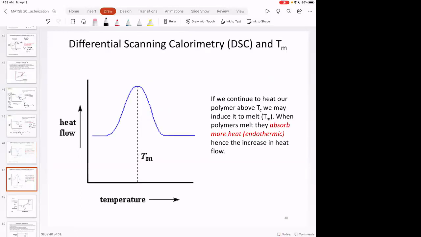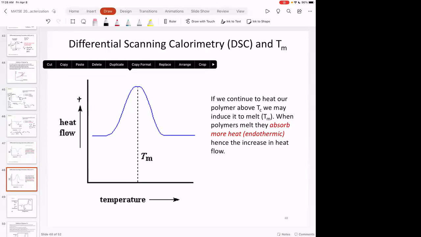And by the same token, if the heat flow is positive, we know that melting is an endothermic process. And so you can think about it, you have to add energy to break up that crystal, right? Crystals are the low energy, most stable thermodynamic state.